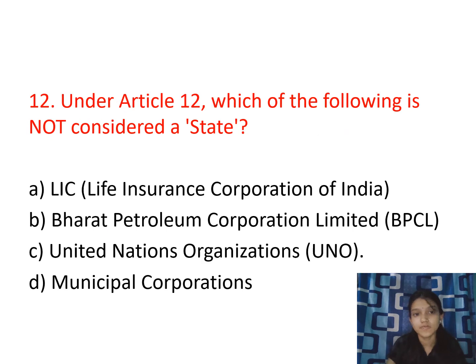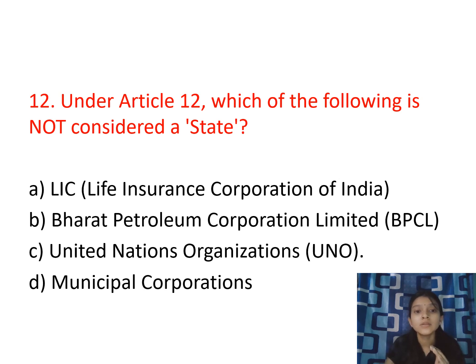Next we have, under Article 12, which of the following is not considered a state? Again, I said there were four requirements that make a state. The options are LIC, Bharat Petroleum Corporation, United Nations Organization and Municipal Corporation. So the question says, under Article 12, which of the following is not considered a state?